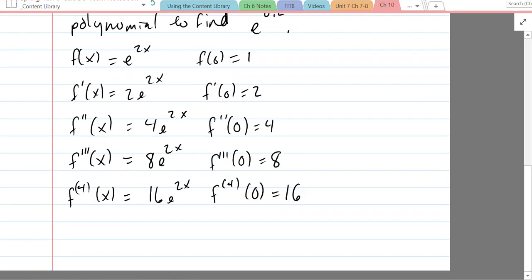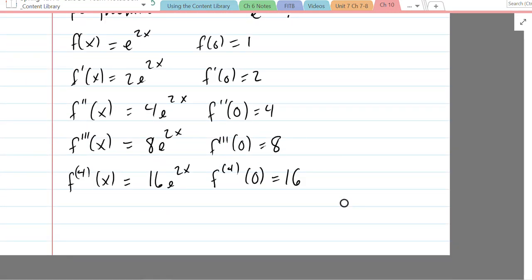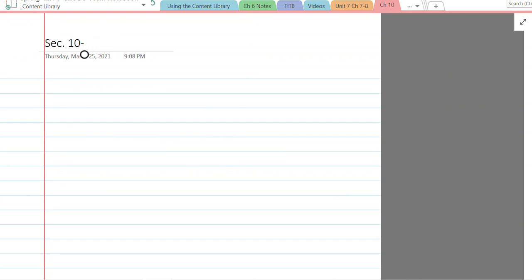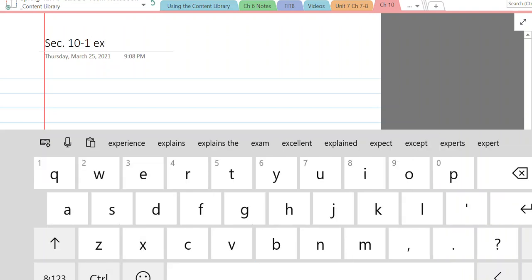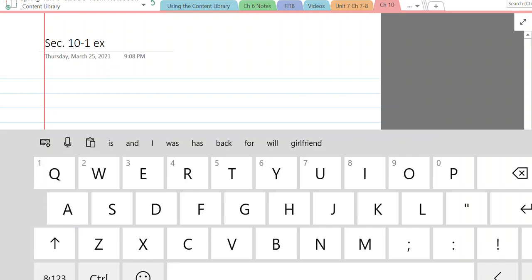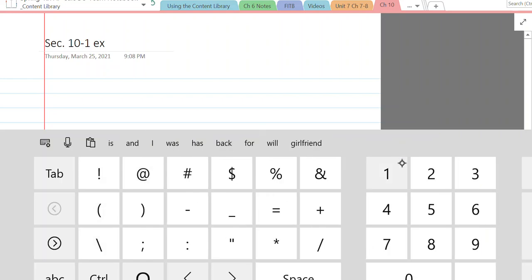All right, now we're going to build our polynomial. So I'm going to go to another page. To write our polynomial, the polynomial is fourth degree. Actually, we're starting with the fourth order derivative.